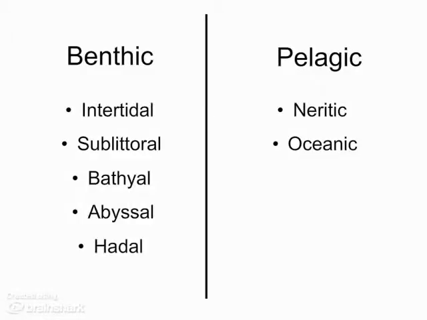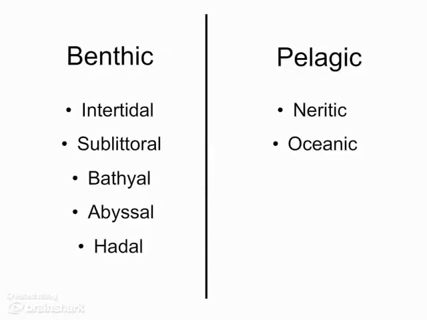So now here's where it can get a little tricky, and you've got some practicing to do. The two environments are then broken down into zones. The benthic environment, so the bottom environment, is broken down into 5 zones. These would be the intertidal zone, the sublittoral zone, bathyal zone, abyssal zone, and hadal zone.